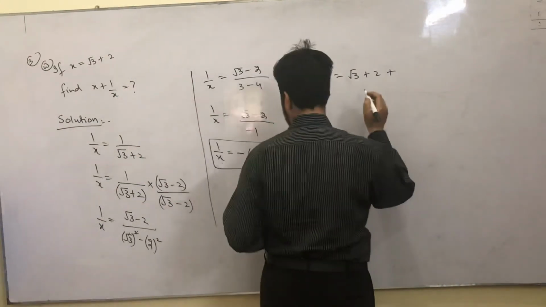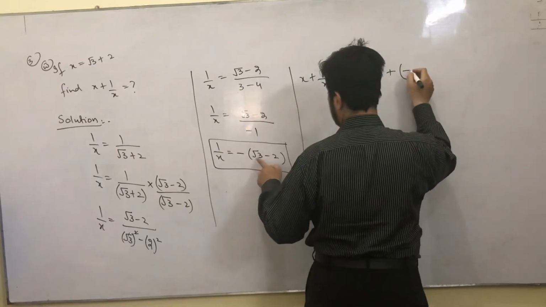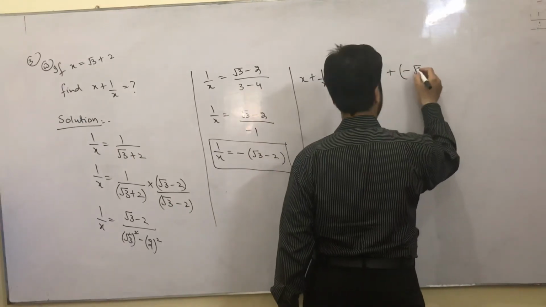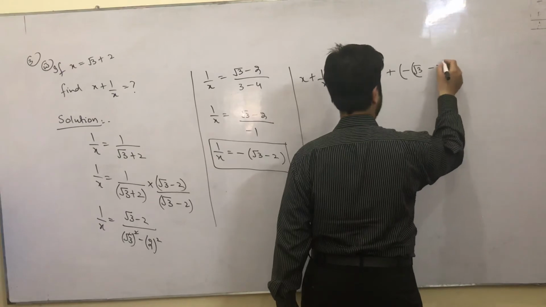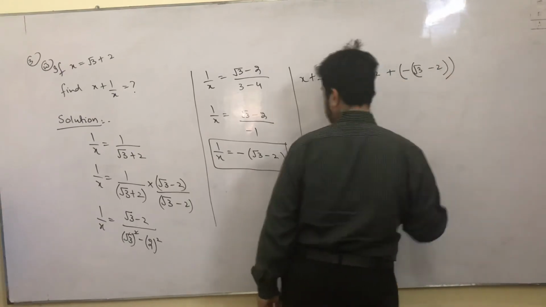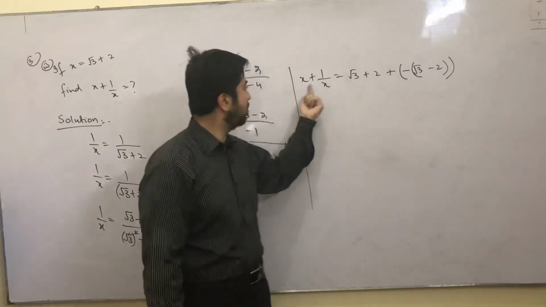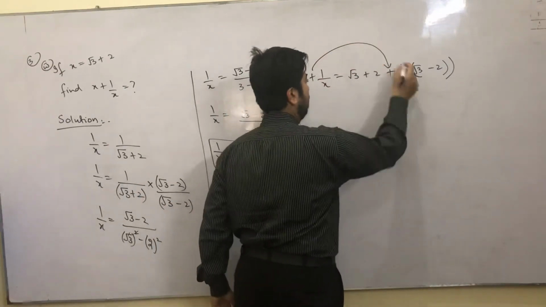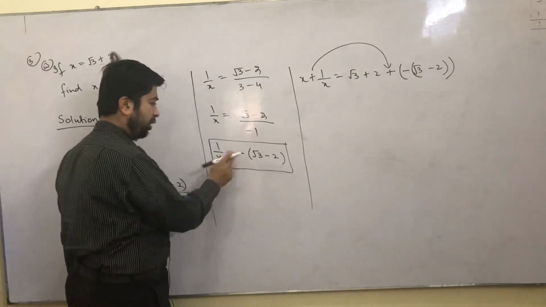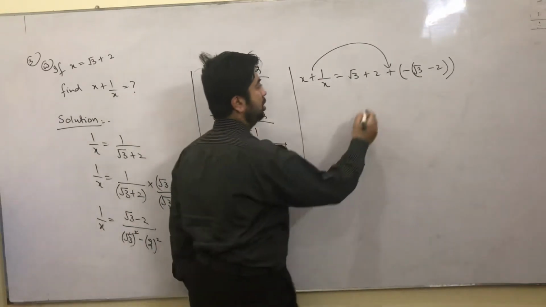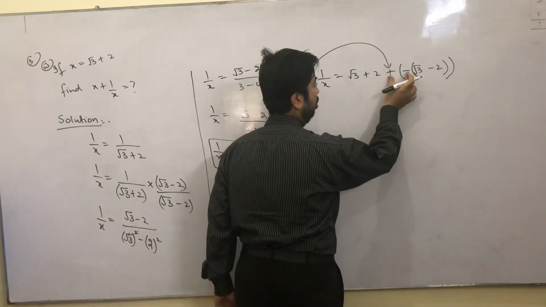The value of 1 over x is minus under root 3 minus 2. This minus sign conflicts with this positive sign. This positive sign is of x, and this minus sign is from the 1 over x value. So now this plus sign is going to multiply with this.